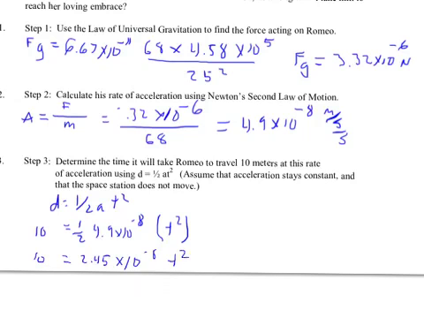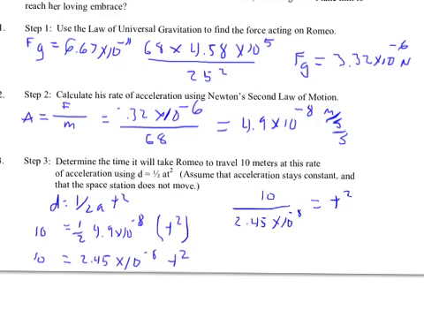Well, I want to get t by itself, so I'm going to divide both sides by this. So I'm going to have 10 divided by 2.45 times 10 to the negative 8th equals t squared.